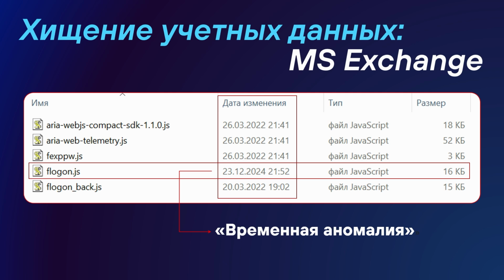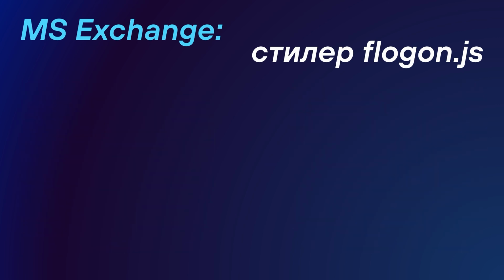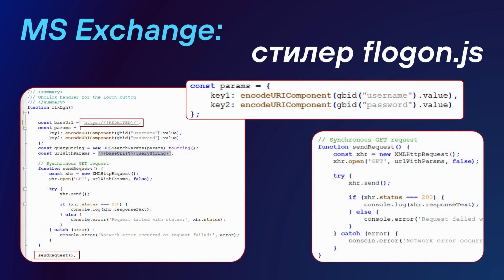We also checked this folder and we noticed that one of the files, called flogon.js, was not the same time-wise, and they created a separate copy. We compare these files and we see that one of the files has been modified, in the quick login function. The quick login is responsible for the user authentication.